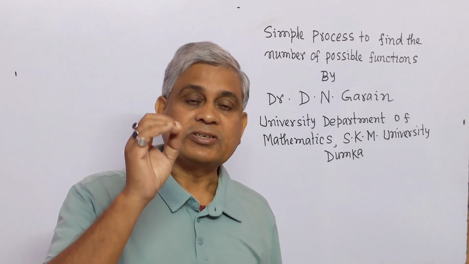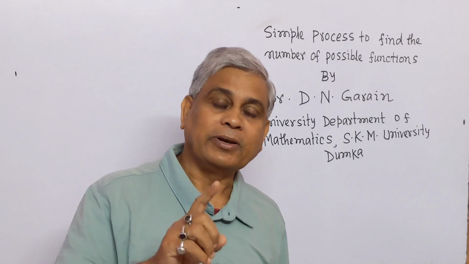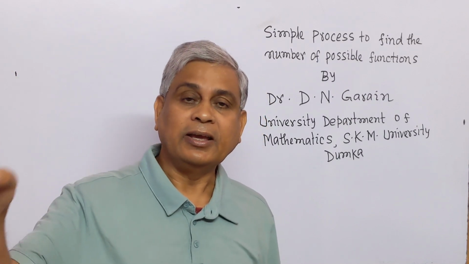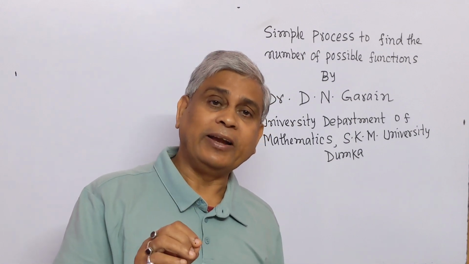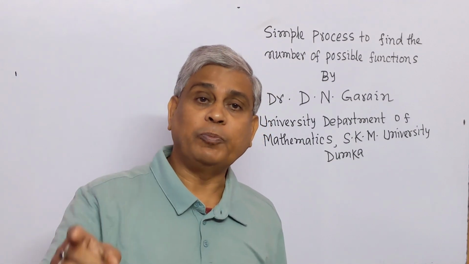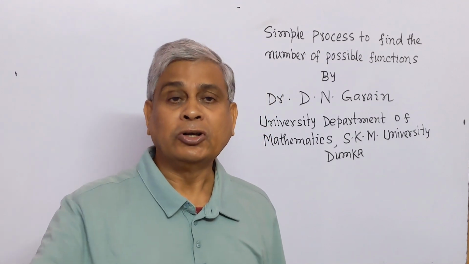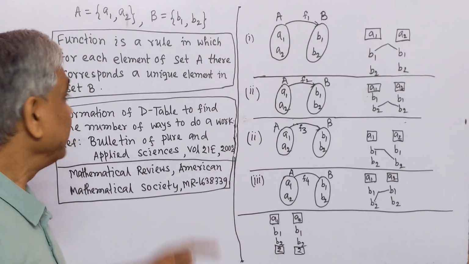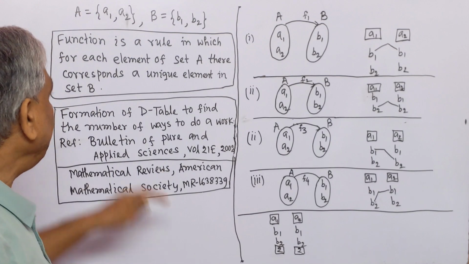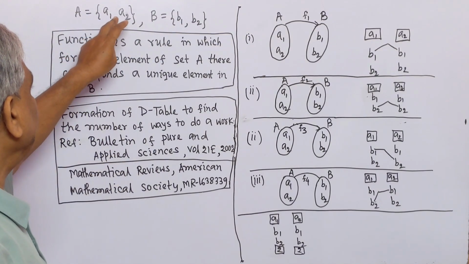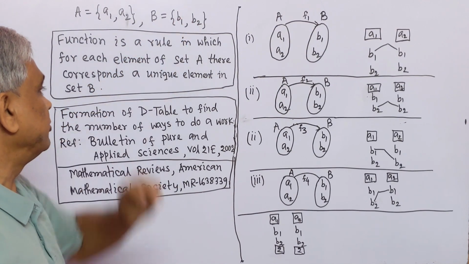If the set A has n elements and the set B has m elements, then we have to find the number of possible functions defined on set A into set B. Let A and B be two sets. A contains elements a1, a2, and B contains elements b1, b2.